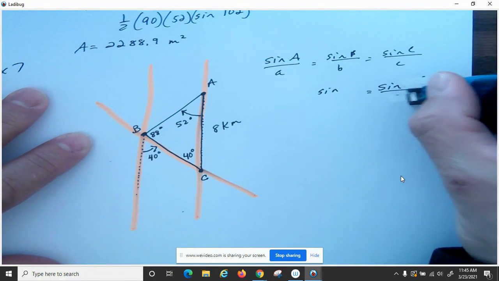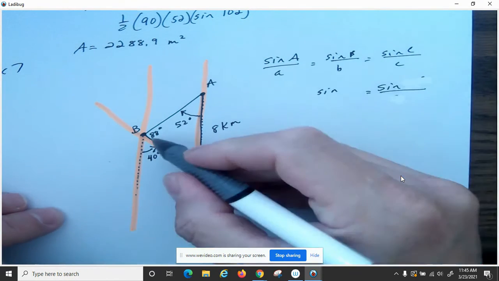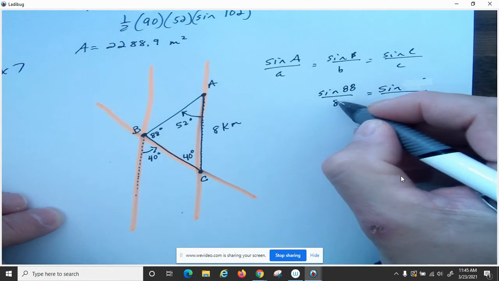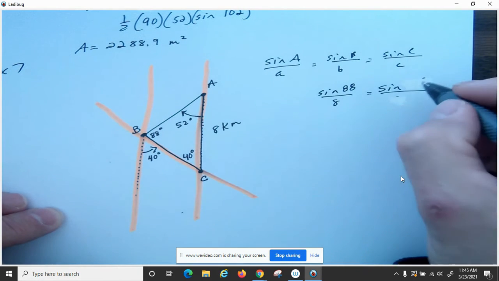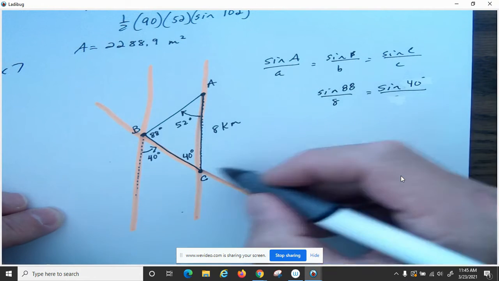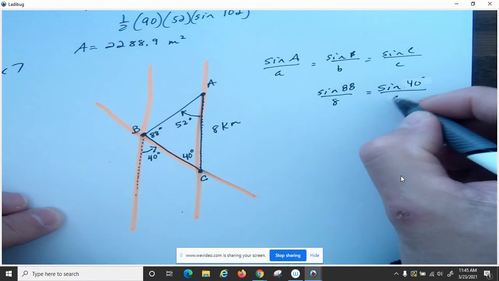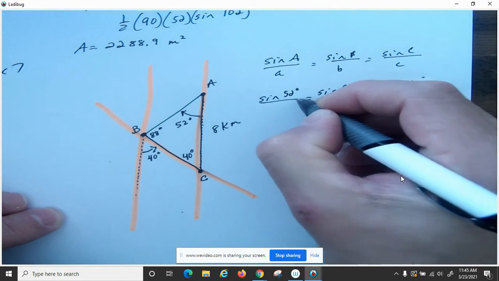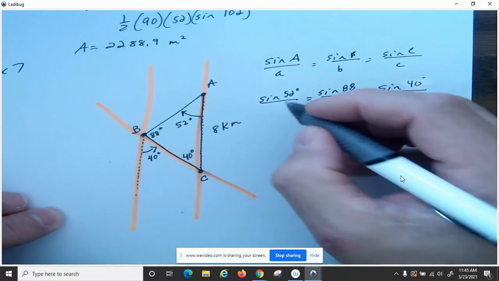So let's fix that. So angle B is 88 degrees over side B, which is 8. I know angle C is 40 degrees. I don't know side C. I know angle A is equal to 52 degrees, and I don't know side A.